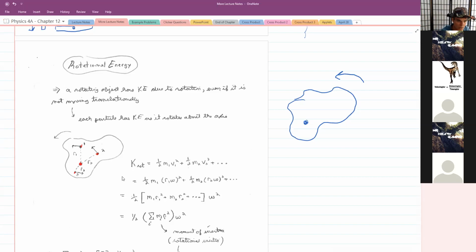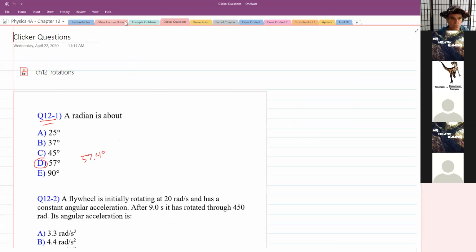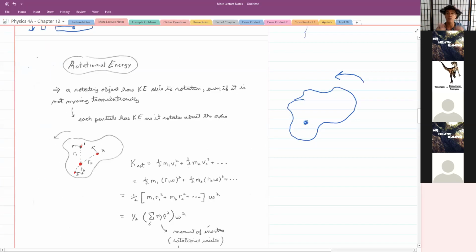Well, these particles are all moving through space. As this thing is rotating, this particle is rotating, this particle is rotating, this particle is rotating. But rather than think of it as rotating, it is moving with some linear speed. And remember, the way we relate tangential speed to angular speed is r omega.